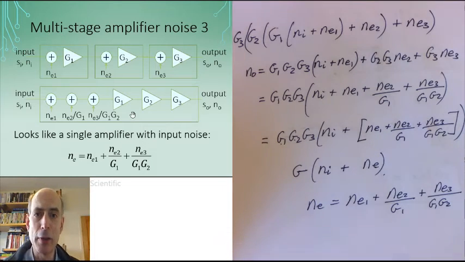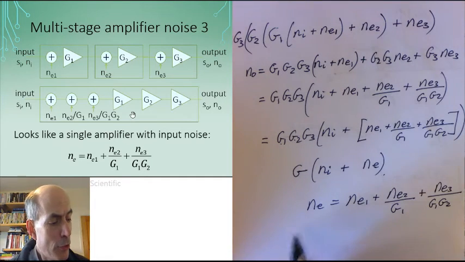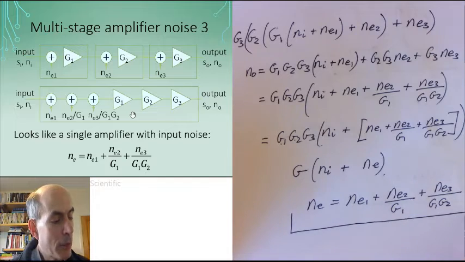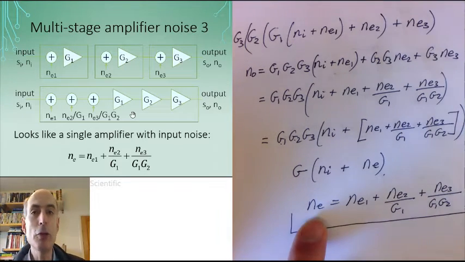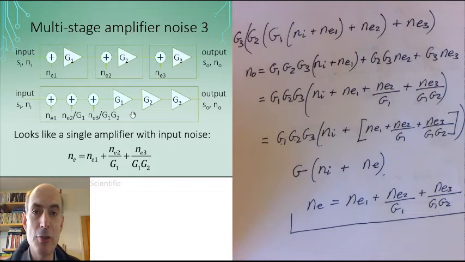And I could carry on like this. This is a well-known formula known as the Friis formula, and it tells you what the equivalent input noise of a multi-stage amplifier is going to be as a function of the equivalent input noises of each stage and the gains of each stage.